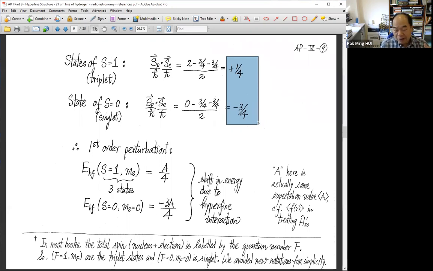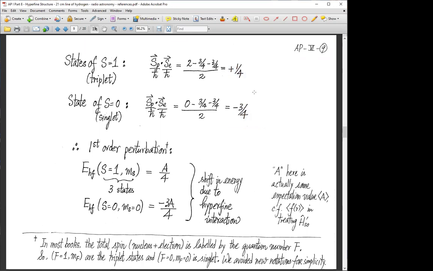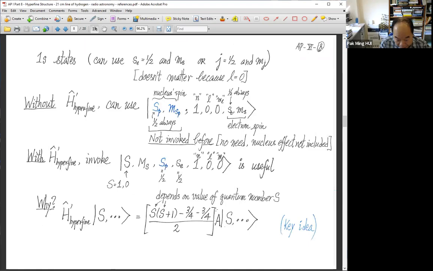And you will see this 1/4 and minus 3/4 come out again and again. But let's get back to our context. There is a prefactor A here that sets the scale, how strong this hyperfine structure is.